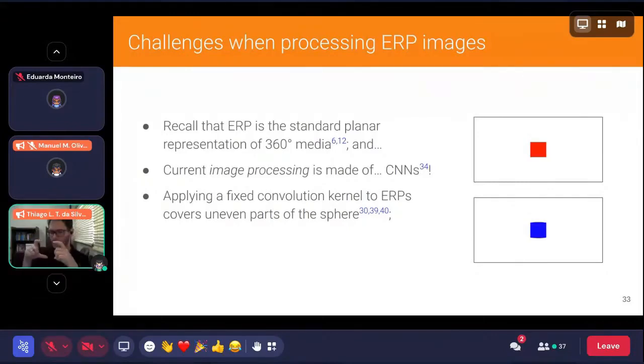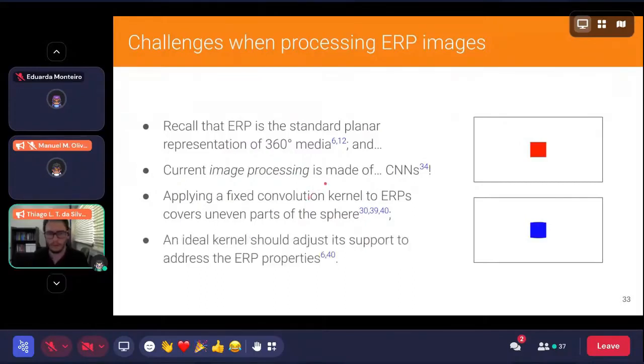But if you have the same kernel on the poles, we are covering actually a much smaller part of the area of the sphere. So if you apply this kind of filter without proper treatment, we will have this uneven coverage, and we will end up weighting the information with different weights.